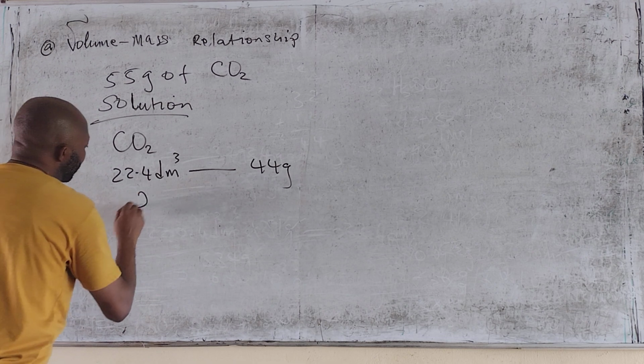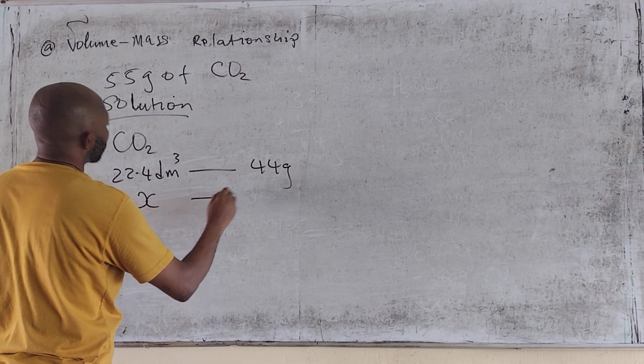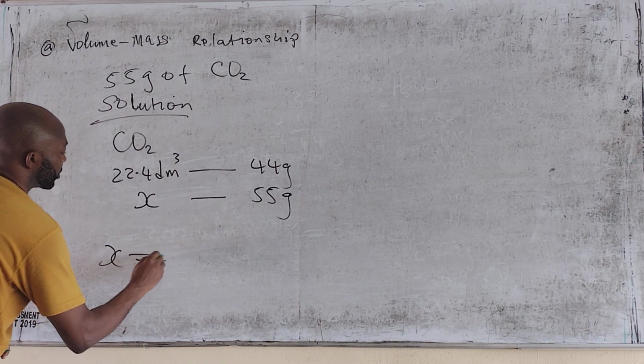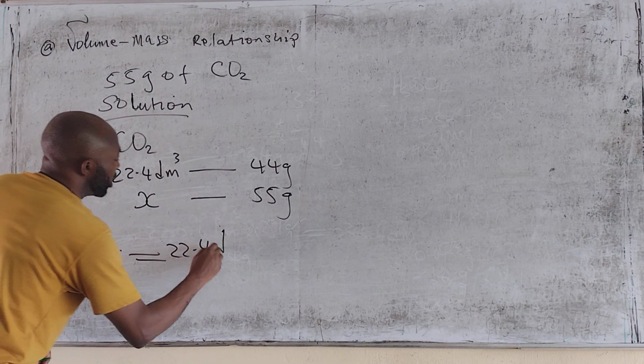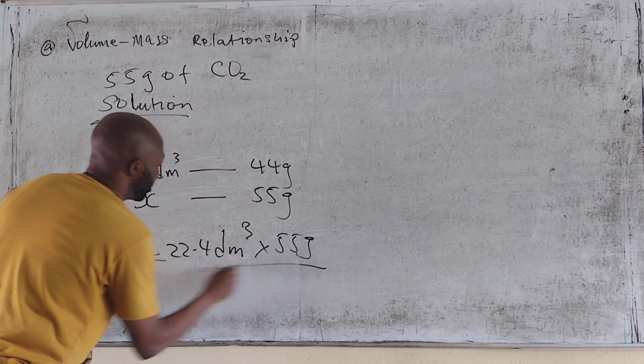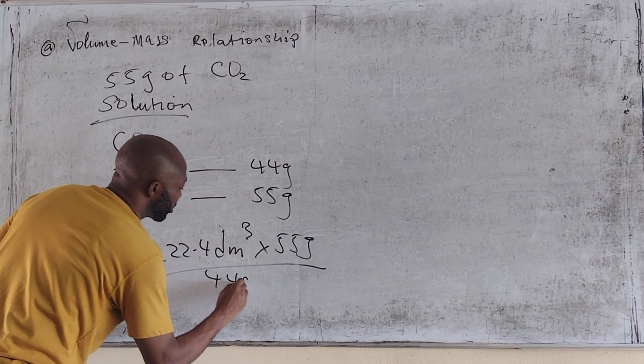So how much volume will give us 55 gram? So my X is equivalent to 22.4 dm cube times 55 gram over 44 gram.